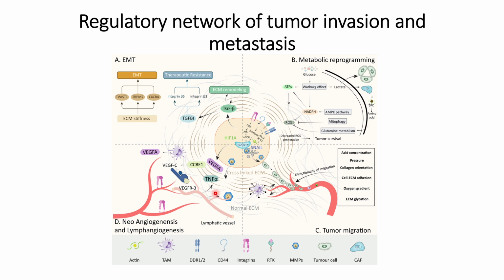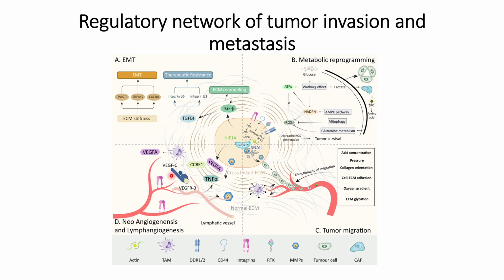Now we will move to angiogenesis and lymphangiogenesis. Because of the change in signaling and reprogramming within the cells, they will release some cytokines such as VEGFA and TNF alpha, and these will interact with the cross-linked ECM and lead to the formation of new blood vessels, or new angiogenesis.